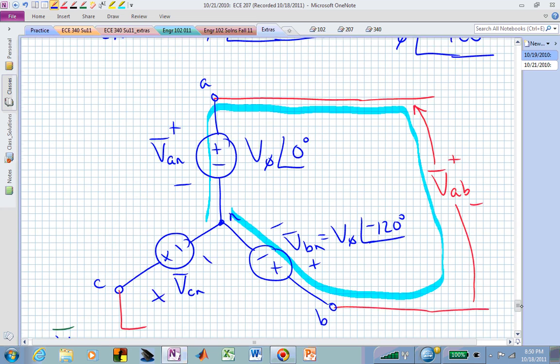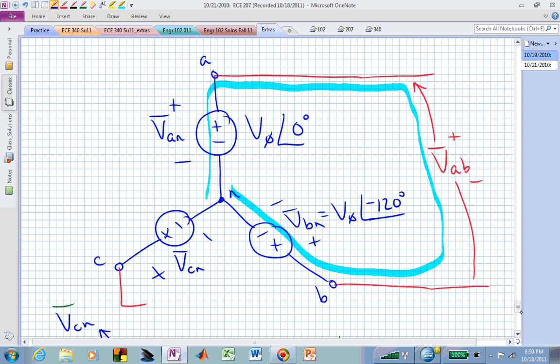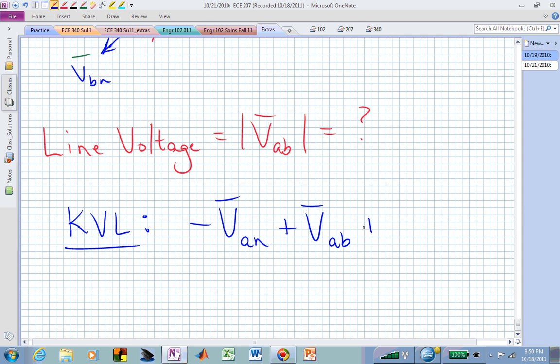And finally, we come into the positive terminal of V sub BN. And by KVL, those voltages need to sum to 0.